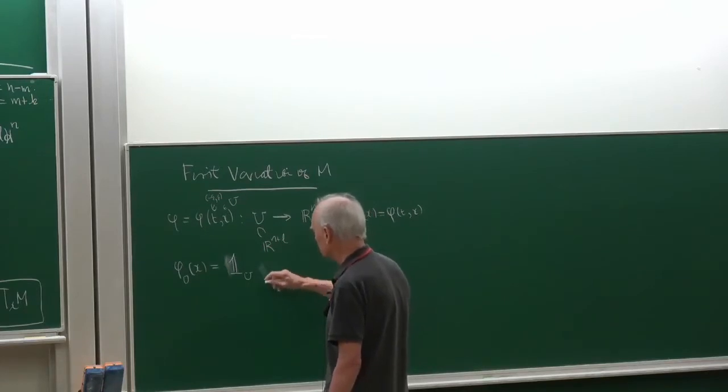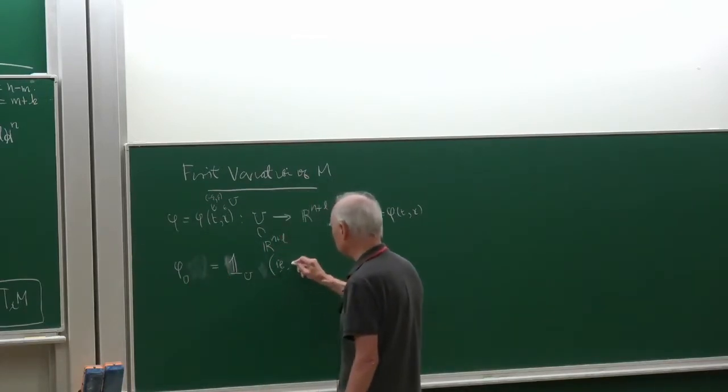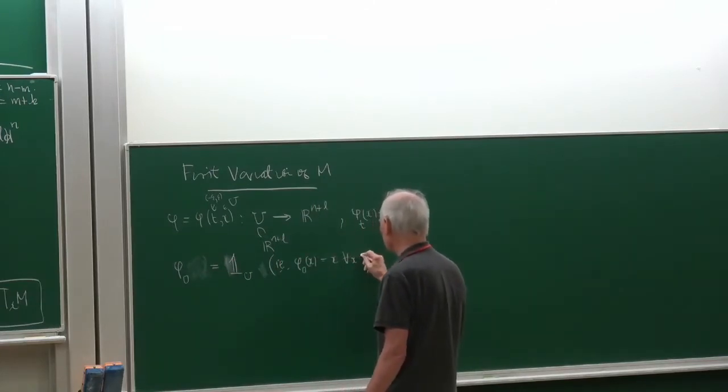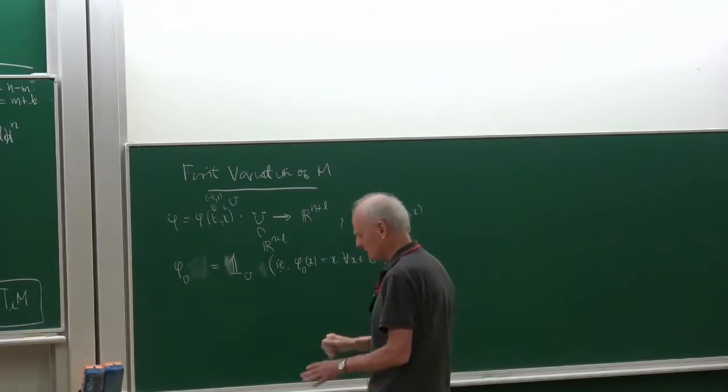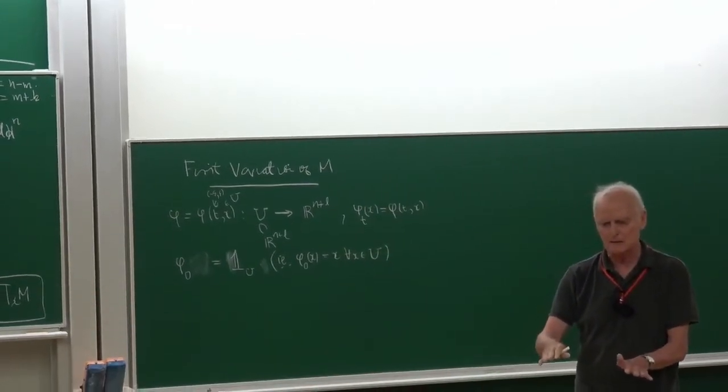So this is a one-parameter family of maps, and it starts off with the identity on U. That is, phi sub 0 of x should be equal to x for every x in U. The other condition is that it should fix everything outside a compact set.